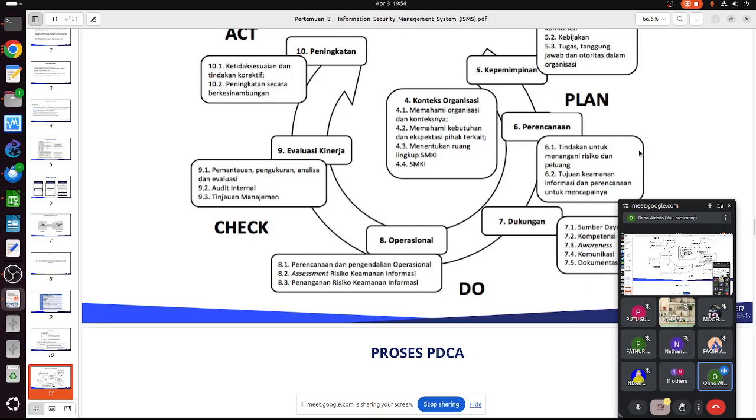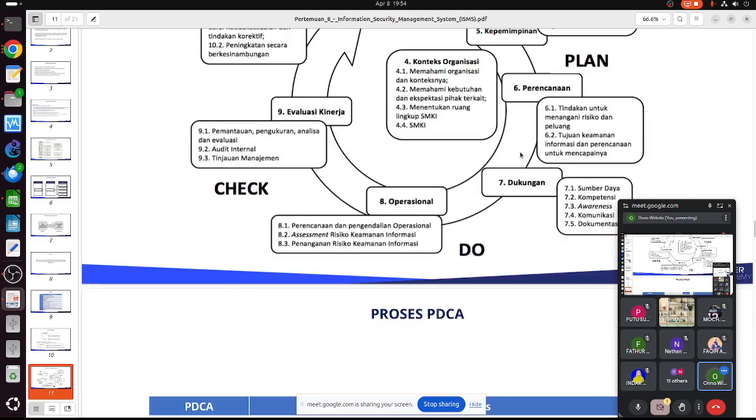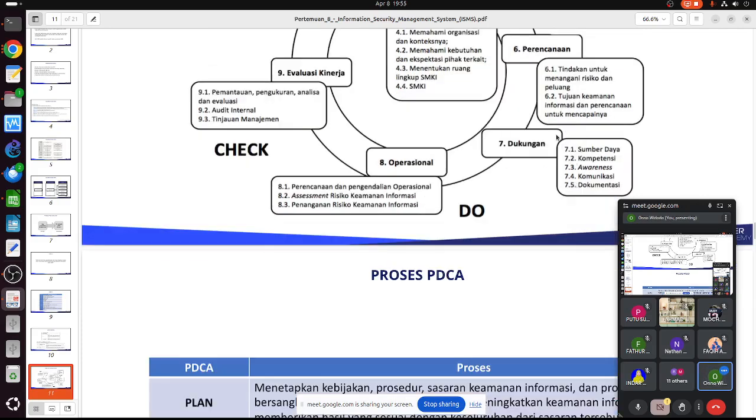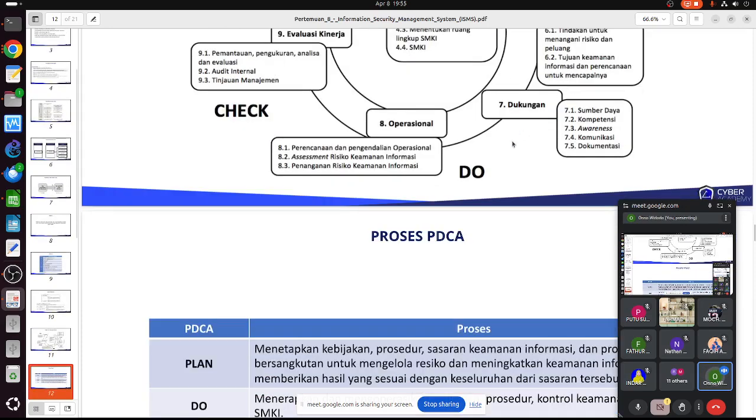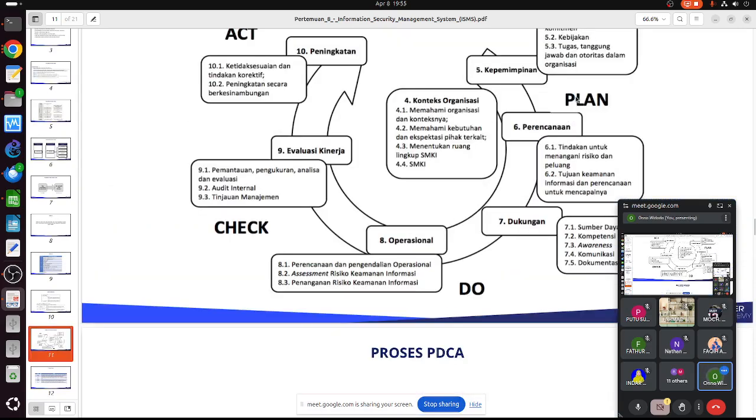Also we have organization context, we have support, and then after planning, we have to do the operation, implementing what we planned. So plan, do, and then check. In the checking process, we normally use a Security Operation Center, SIEM, and so on to monitor the process in the system.